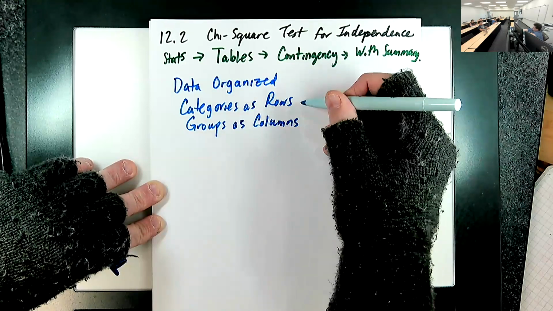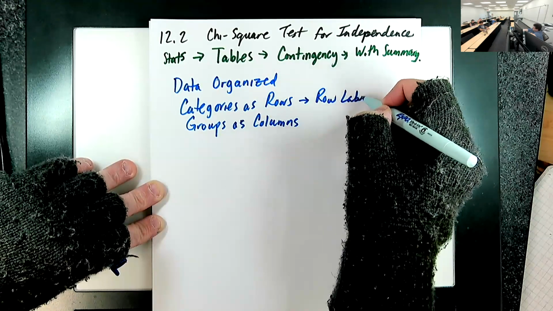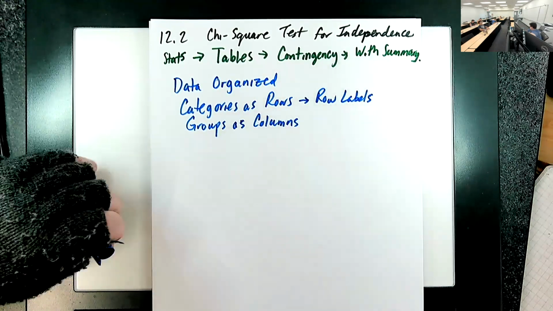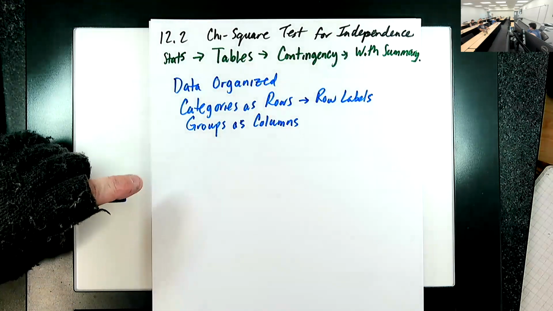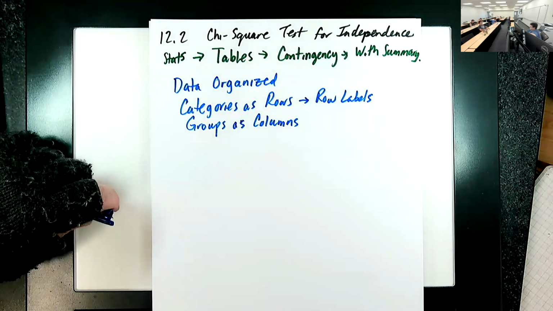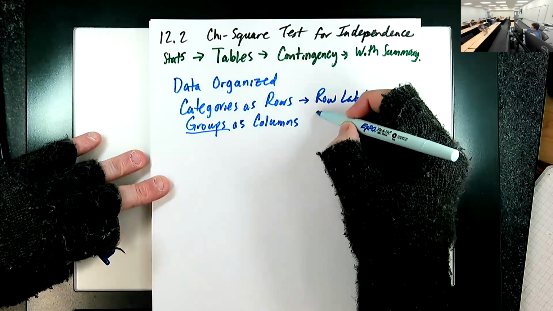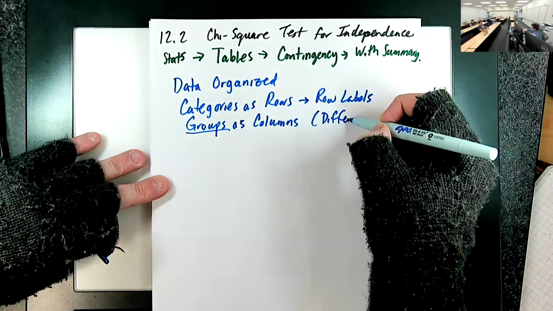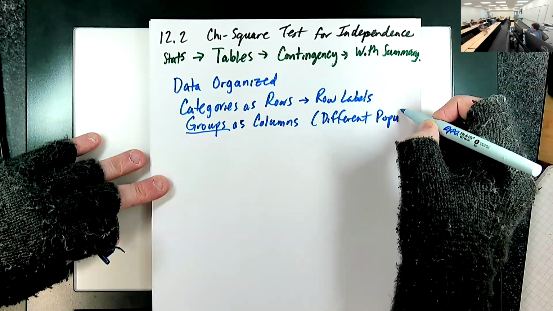And since categories are rows, the row labels are categories. So when I say groups, these are your different populations. Group 1, Group 2, Group 3, Group 4. These are our different populations.